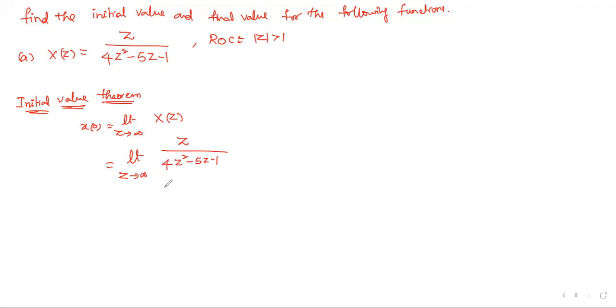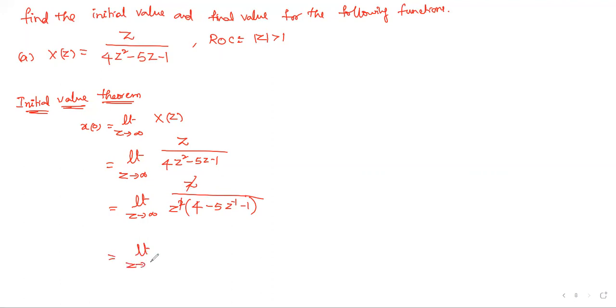So you need to be very careful. Limit z tending to infinity, z divided by, taking the highest z term outside, z square into 4 minus 5 into z inverse minus 1. Here one z will get cancelled.